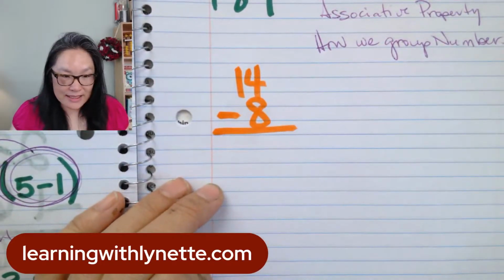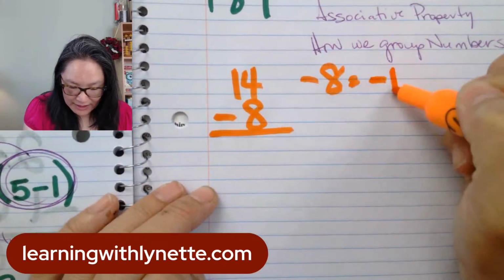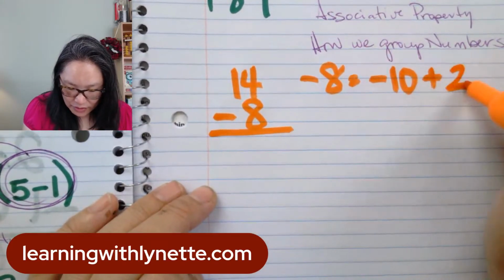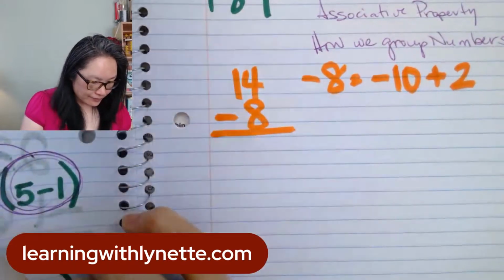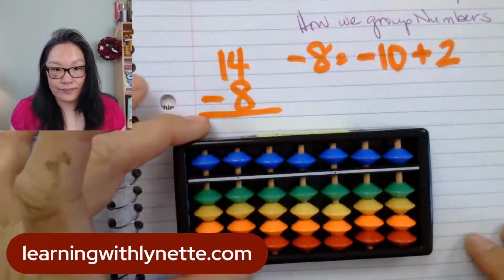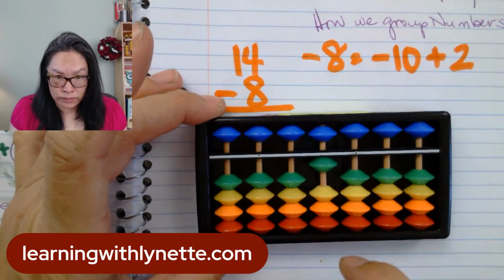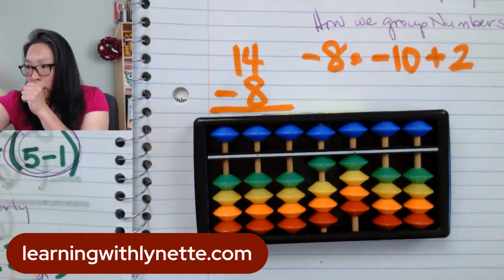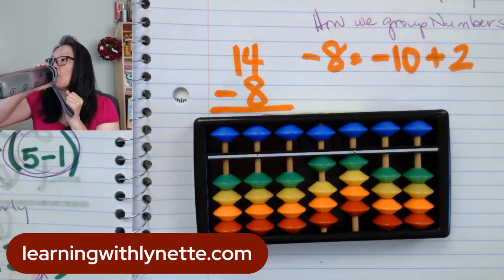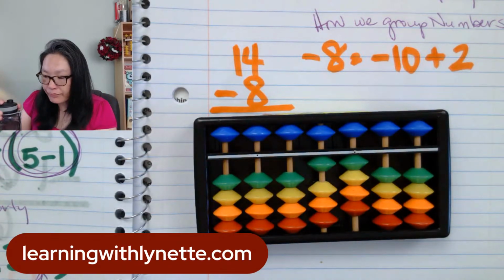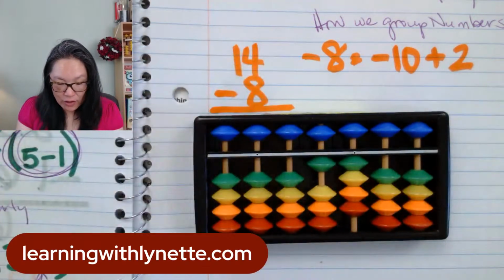We know how to minus the 8, right? We know minus the 8 is equal to minus the 10 plus the 2, right? I have 14. I'm going to take away the 10.